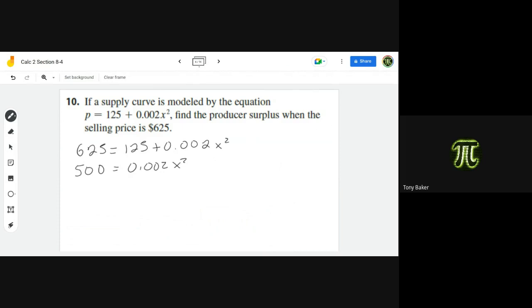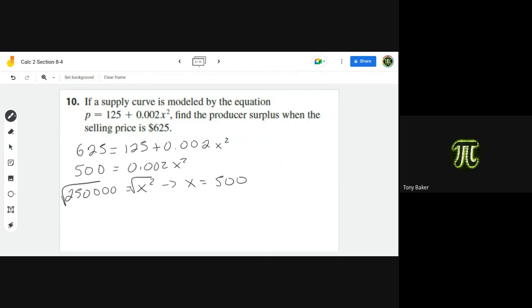So divide by 0.002, and we get what? And then we do what? So x equals 500, because 0.002 is 1 over 500, actually. Well, that makes sense.